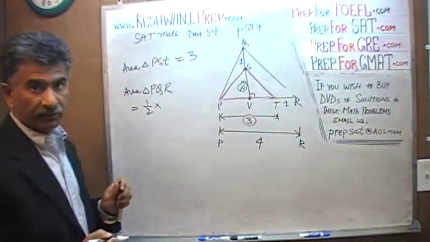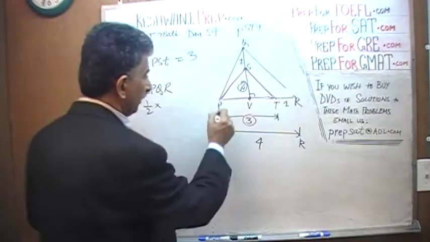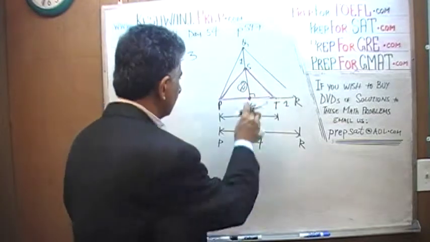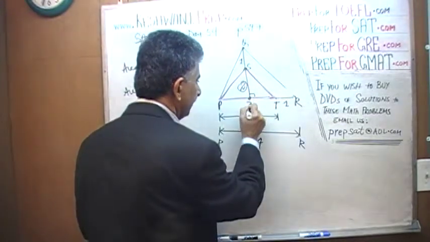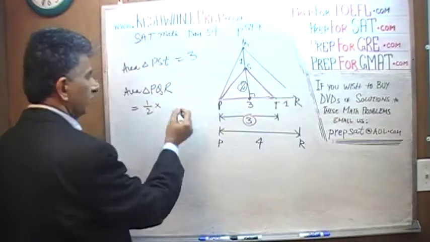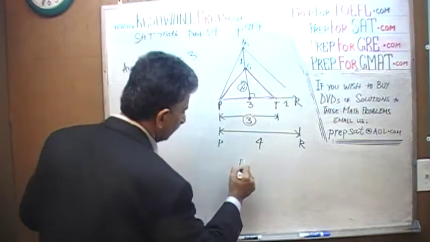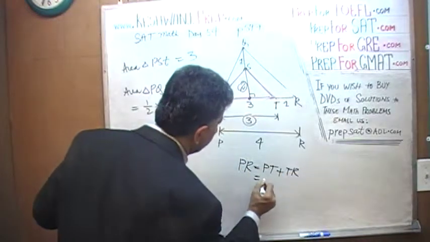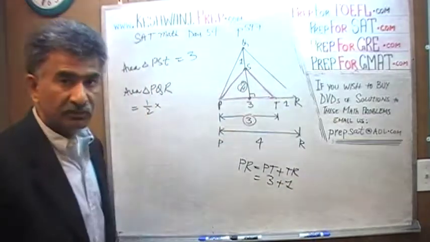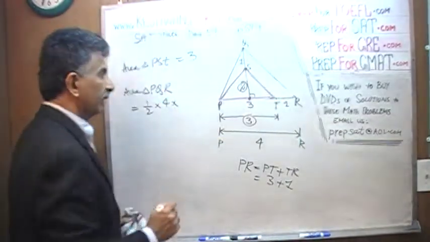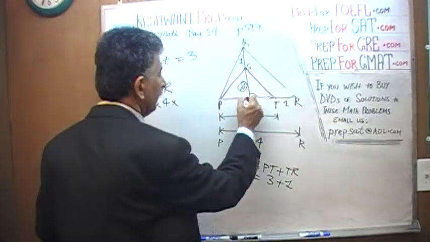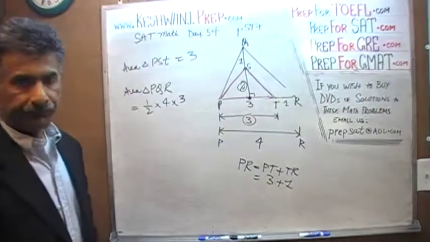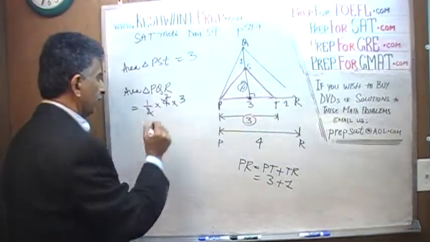PQR is the large, outside triangle, and we know that P to T is 3, T to R is 1, which means the base P to R is P to T plus T to R, which is simply 3 plus 1, so the base of this triangle is 4, times the height. The height is all the way from V to Q, which is 1 plus 2, which is 3. So again, the 2 drops out and we end up with 6.